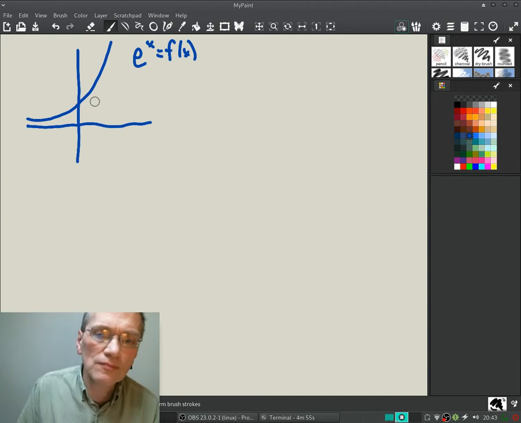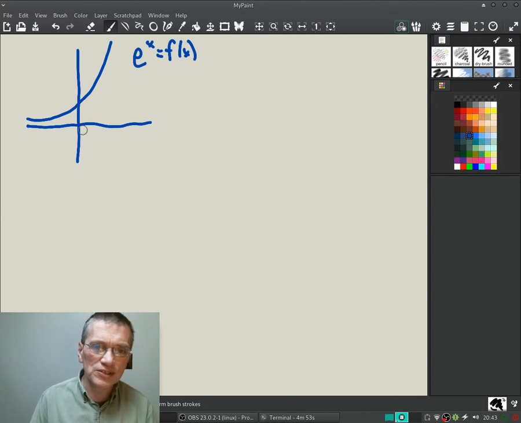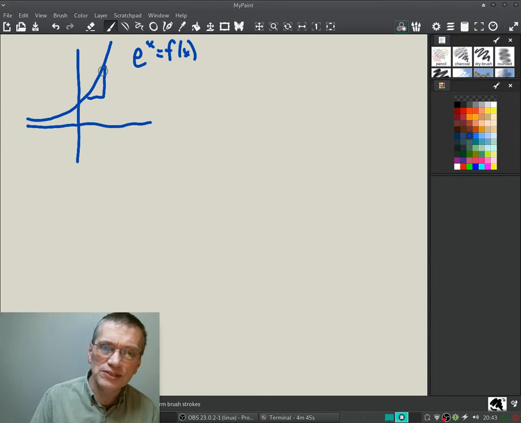I said it was very interesting because the slope of this line is equal to the value here. So if we look at the average rate of change, the slope, if we could get the instantaneous rate of change, then that would be equal to the value at e to the x. And that's what calculus is all about, finding slopes of lines.